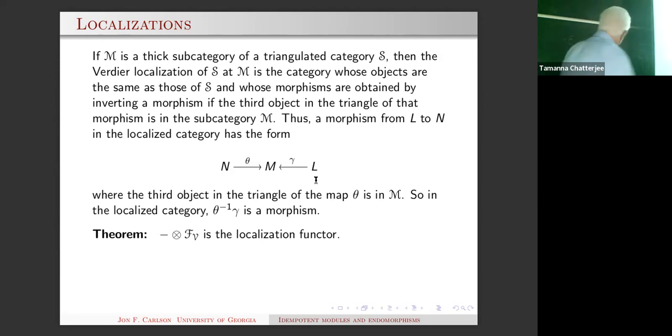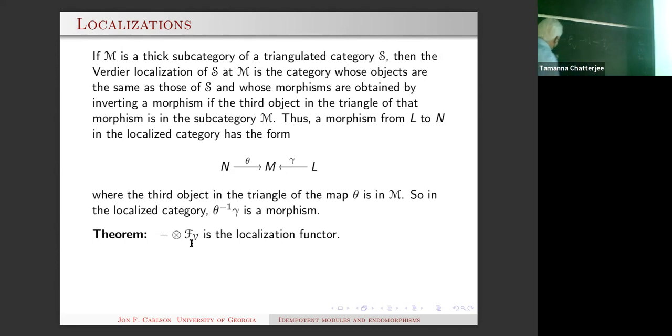So I want to go back to one of these things where we're looking at a subcategory determined by all modules with variety in a certain subset of the ideals. And I want to do the localization here. And the point is that tensoring with this F of V is the localization functor.